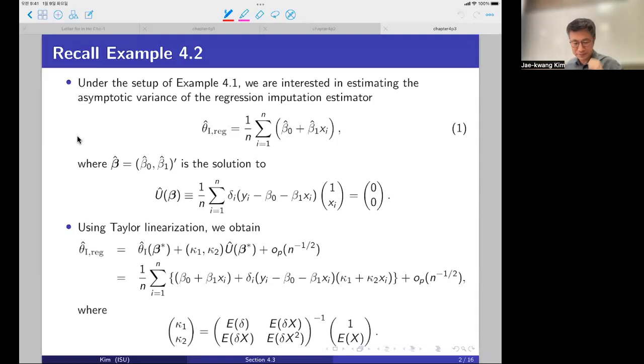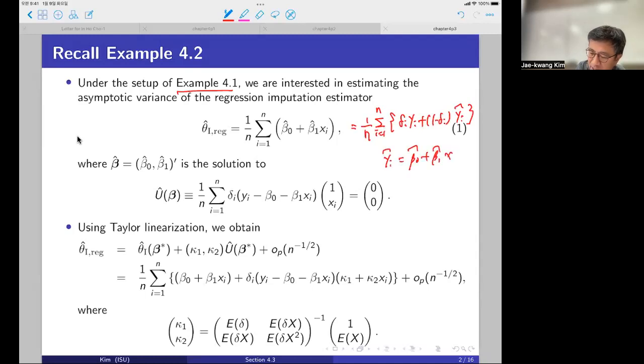Anyway, remember, we have a missing data problem. So you guys get it, right? This is a regression imputation. Originally, this is 1 over n, sum over i equal to 1 to n, of delta i yi plus 1 minus delta i yi hat, where yi hat is beta 0 hat plus beta 1 hat xi.